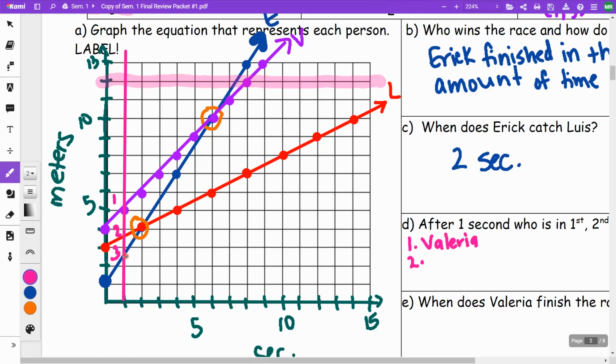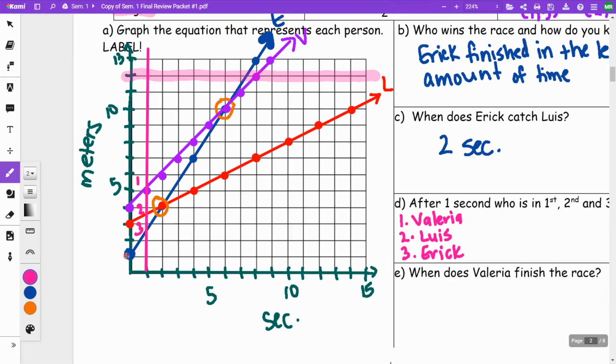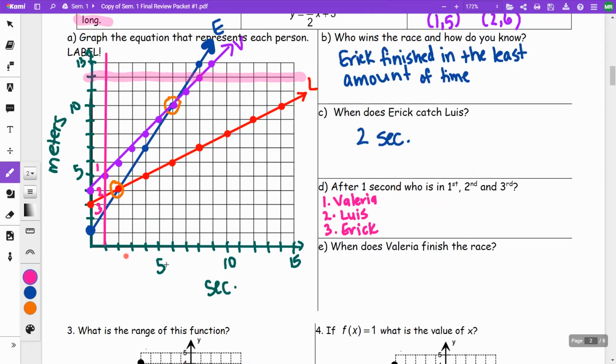Number 2 is Luis. Number 3 is Eric. Okay, on letter E, when does Valeria finish the race? So Valeria finishes the race at, let's see, 8 seconds.